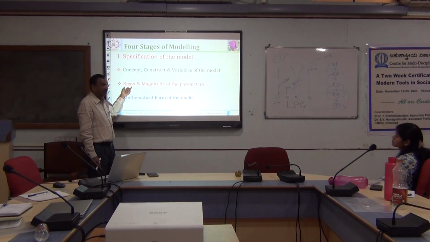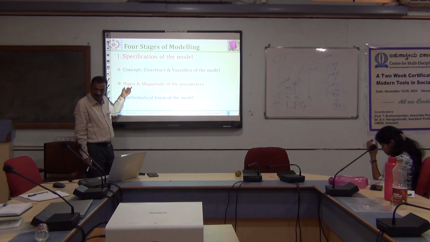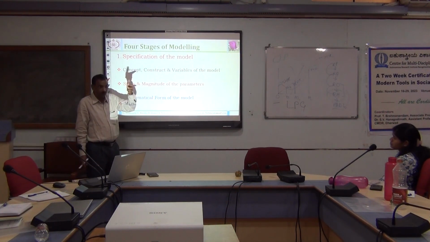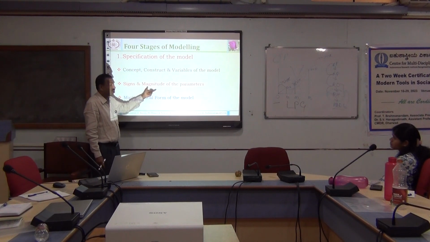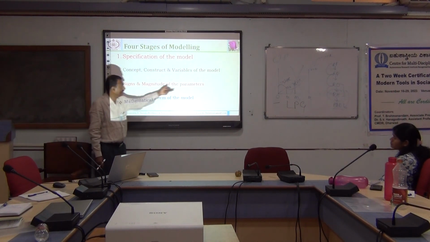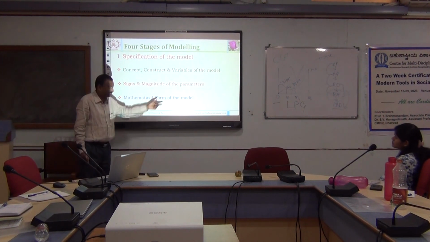How many signs are there? Mathematical signs, there are many, but the major ones are positive and negative. Signs, positive and negative, and their magnitudes, constants, parameters, etc. So signs and magnitudes of the parameters and the mathematical form of the model.